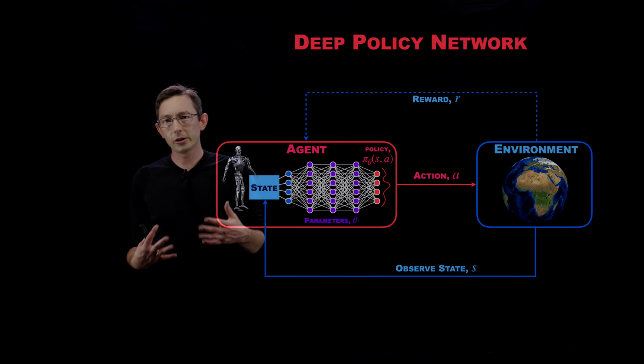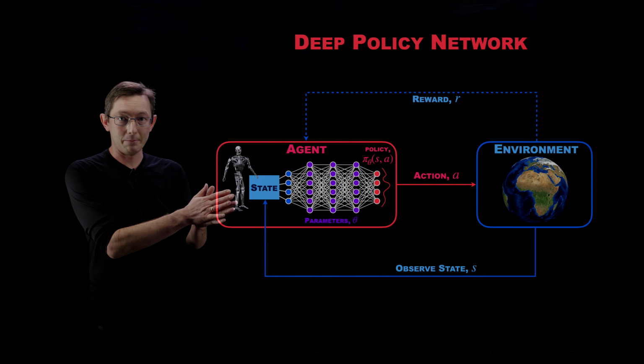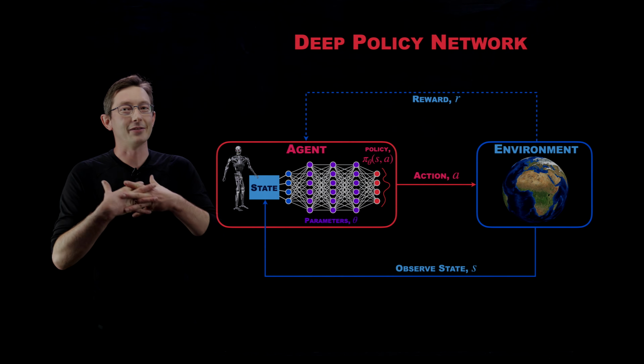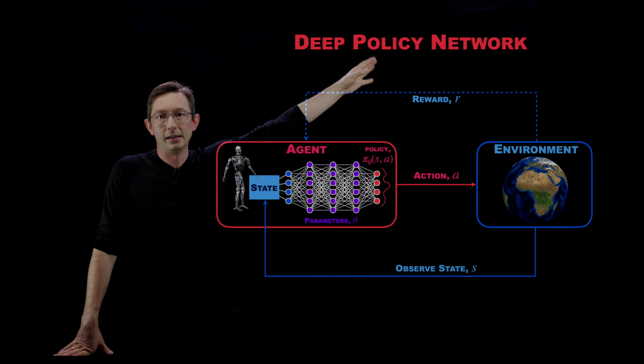All right, the first type of deep neural network embedded into a reinforcement learner, the simplest thing you can do, is what's called a deep policy network.